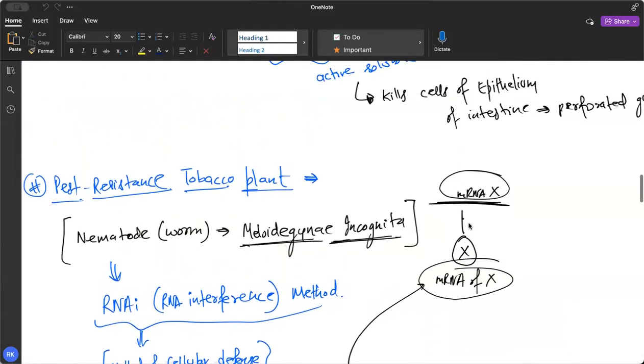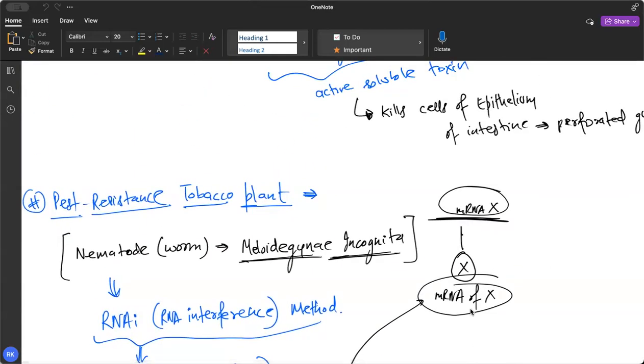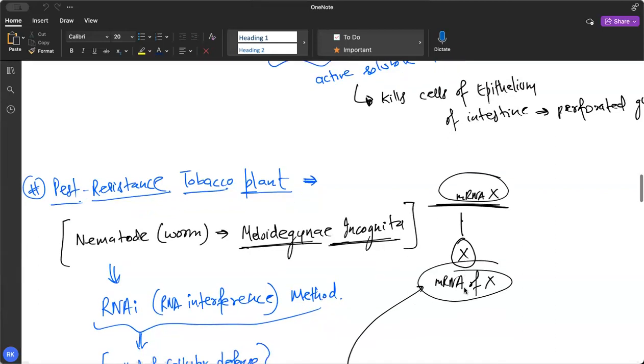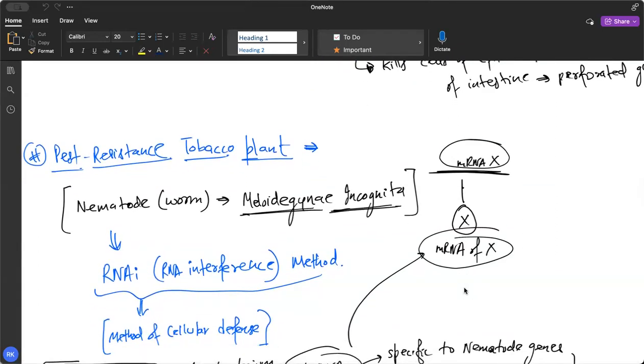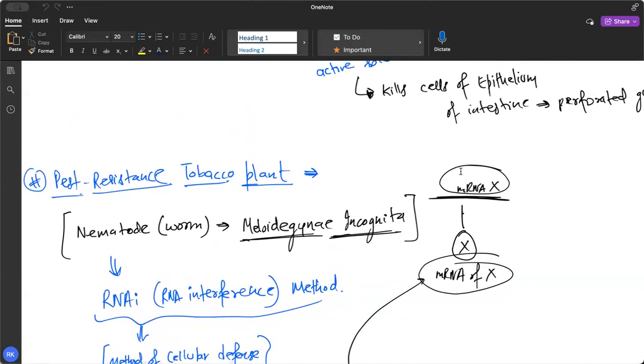That mRNA will then be tagged, identified by this RISC complex. It's a complex of proteins. You don't have to go into the detail of it, but this is how RNA interference works. RNAi simply means using RNA, you are interfering with another RNA. And that RNA was an important RNA for a gene crucial for the survival of the nematode. And that mRNA will be tagged and destroyed.